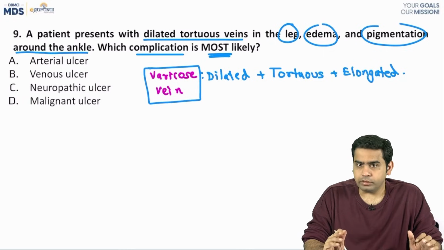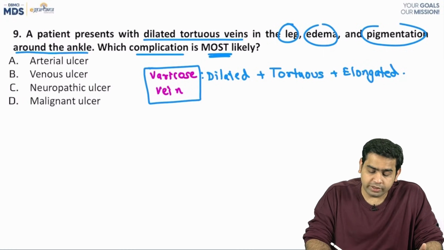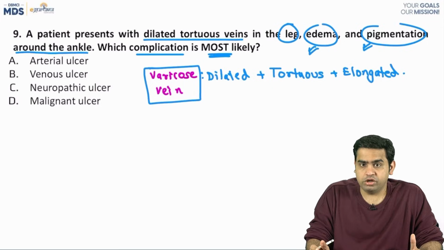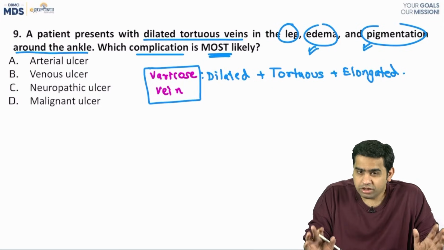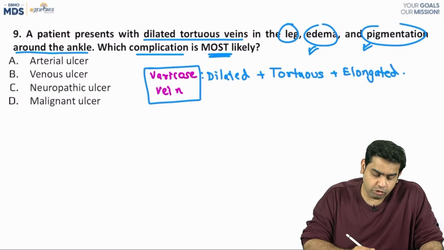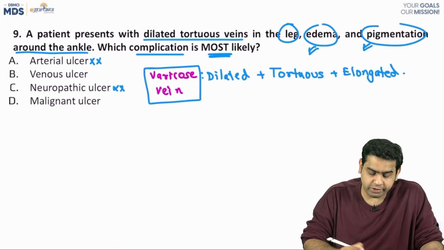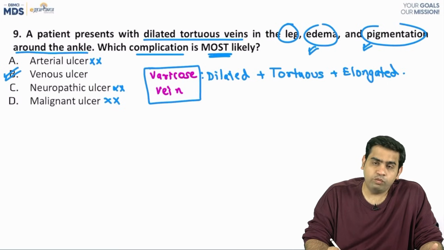Okay, so dilated, tortuous, and elongated veins, these are the ones which basically define a varicose vein. Understood? Now, along with this, there is an edema and there is a pigmentation as well. So this is basically trying to tell you that there is an advanced kind of varicose vein. So in such scenarios, obviously arteriolysis will not happen because of this, right? Neuropathic ulcers are not going to happen. Malignant ulcers are not going to happen. So definitely the answer is venous ulcer.